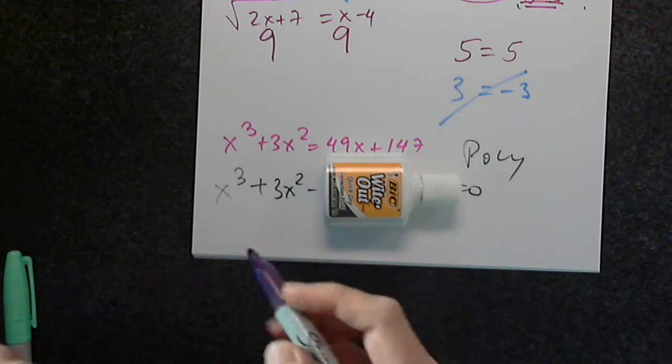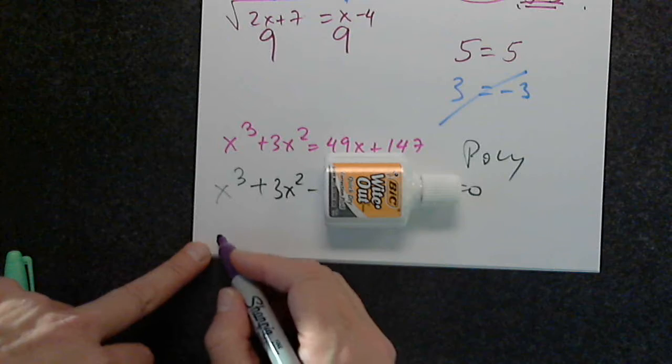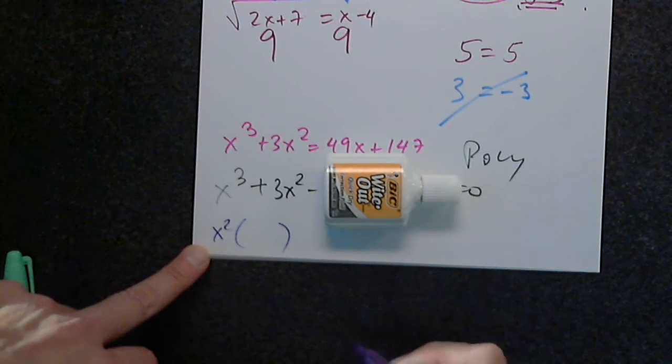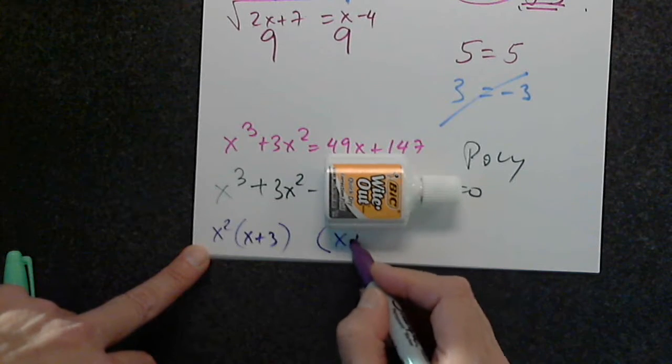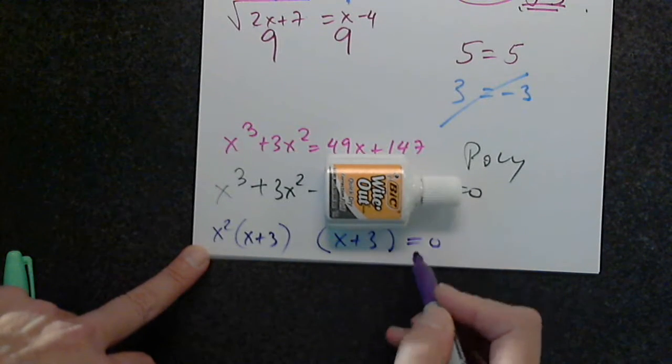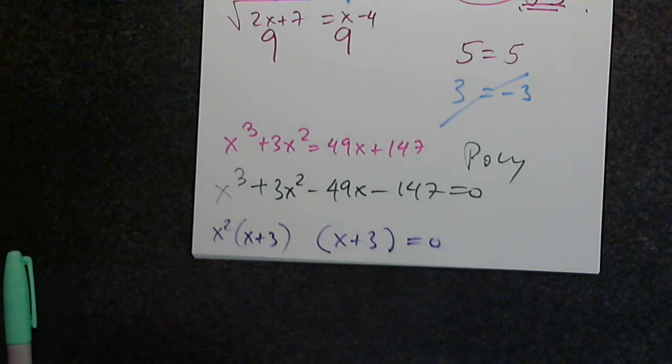What will you factor out from the first 2? What is left in parentheses? You must write x plus 3 again and the equal symbol and 0 before you look.